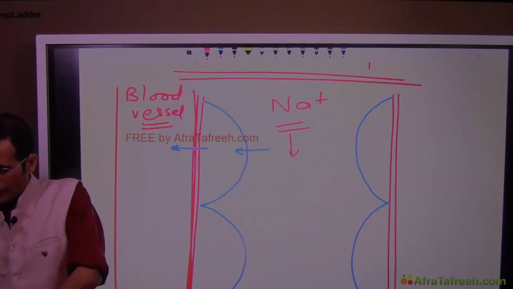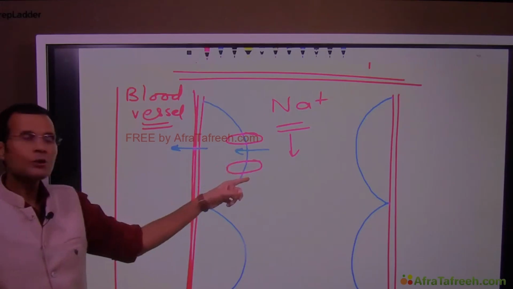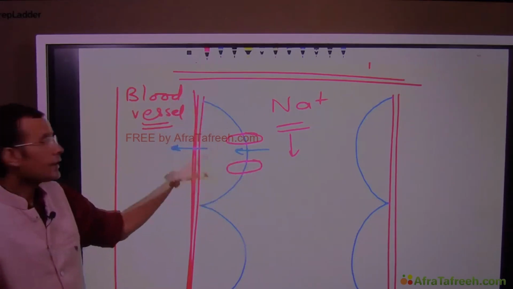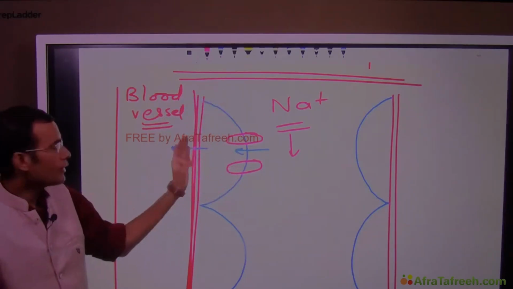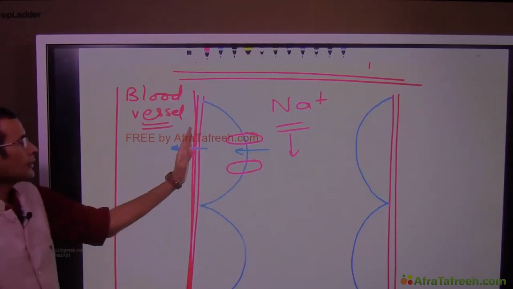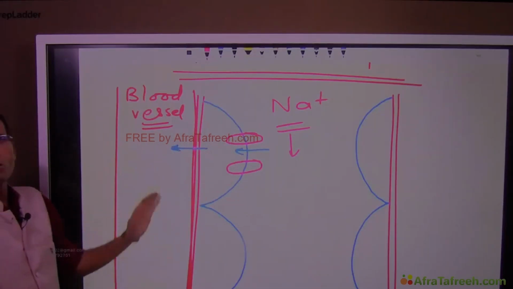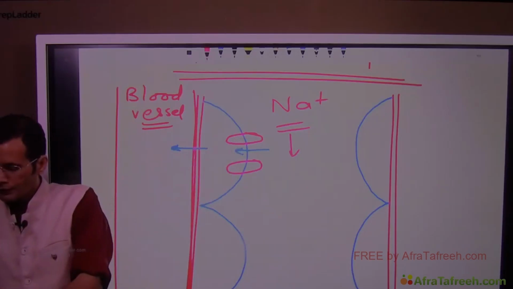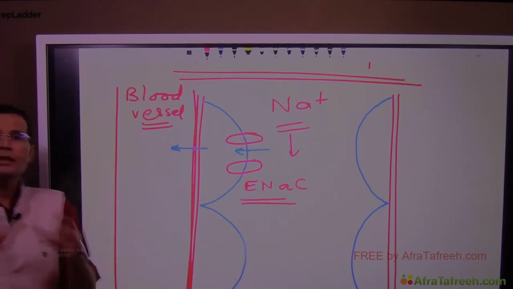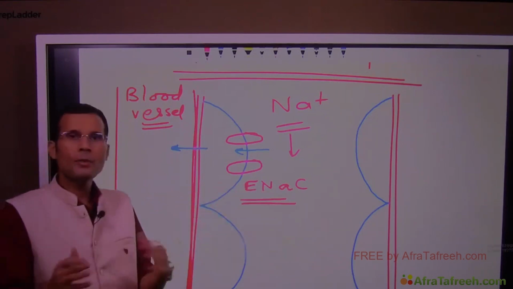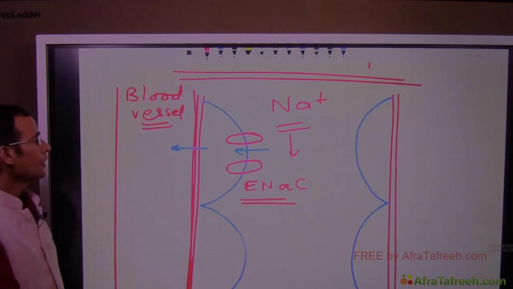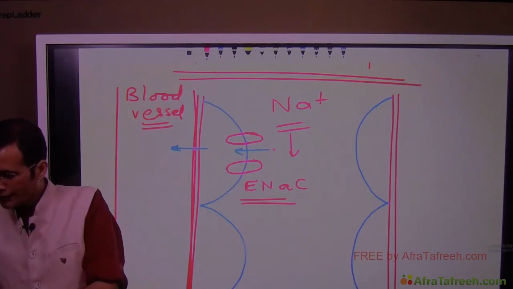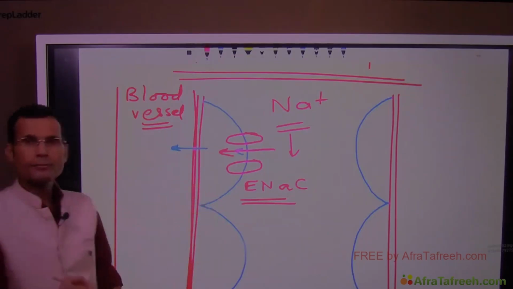So, it enters the cell through its apical membrane. This side of the cell and its membrane is called the apical membrane, facing the lumen. And the side that is facing the blood vessel is called the basolateral membrane. On the apical membrane, there is a channel called ENaC, epithelial sodium channel or amiloride sensitive channel. Sodium from the lumen will enter the cell via this channel, ENaC.